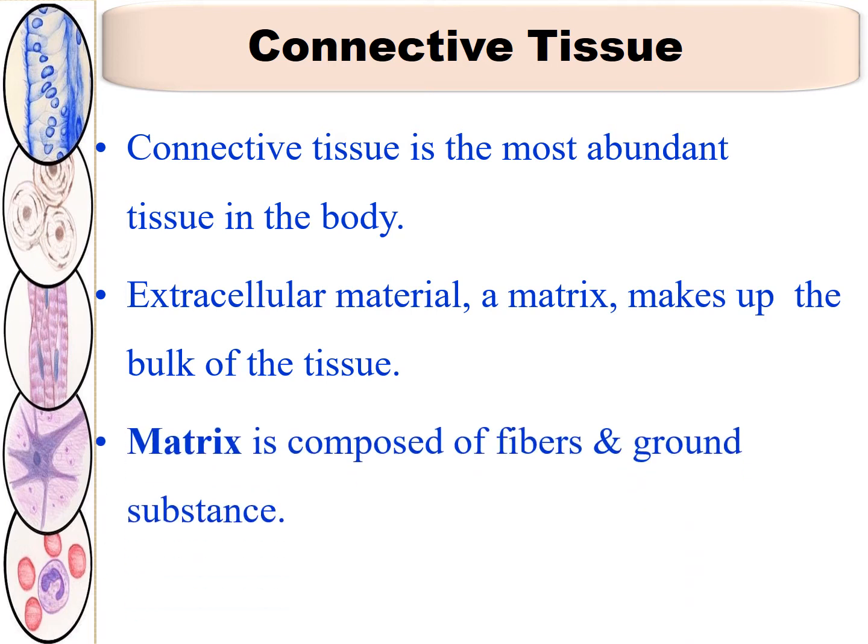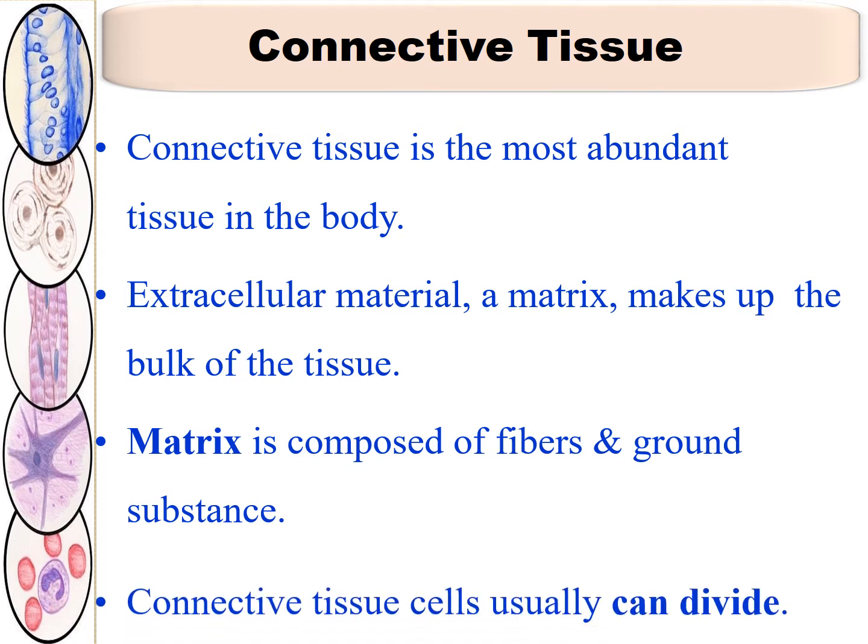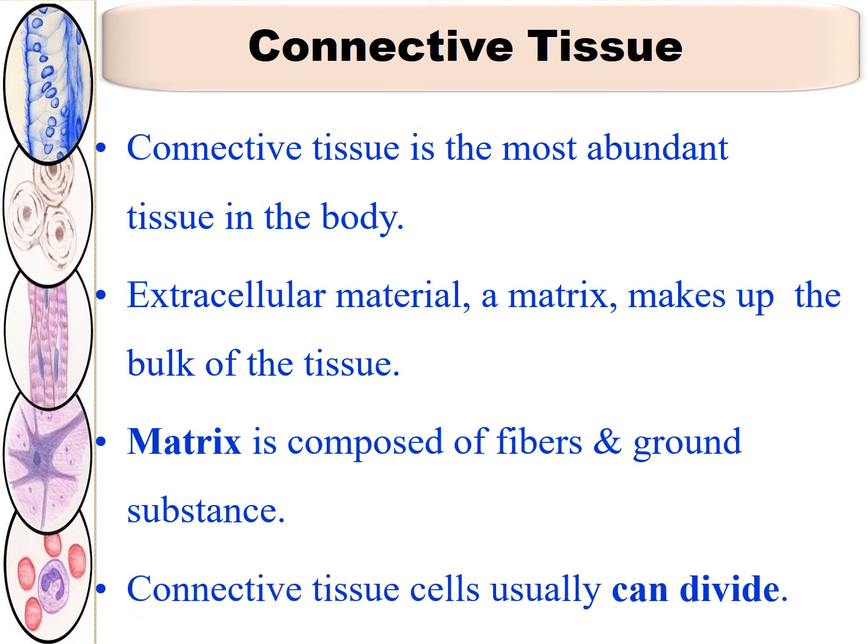The matrix is composed of fibers and ground substance in the case of connective tissues. And the connective tissue cells usually can divide. So these are the main basic features of connective tissues in short. Later we will discuss these features in detail.